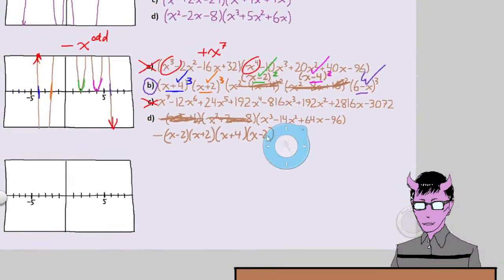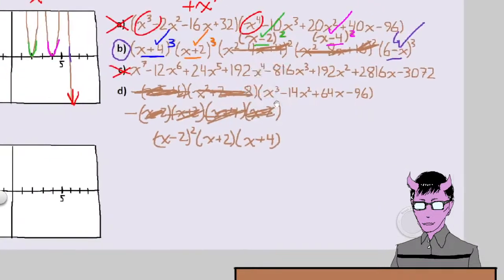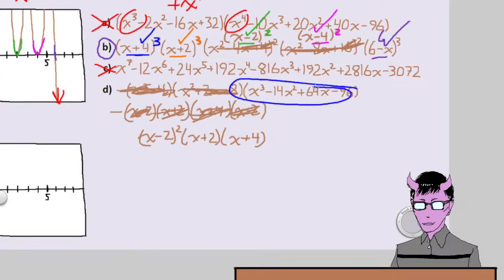So what are we missing, right? These two combine to make (x - 2) squared. This one is going to be x plus 2, x plus 4. Alright, let's see if those are consistent right off the bat. Well, technically this is a bad check because we don't know what's inside there. So we should probably factor that one first. Here's what I mean.